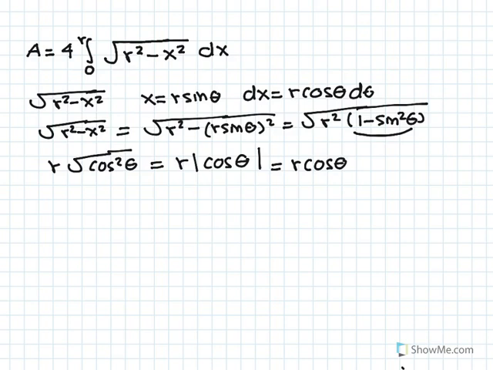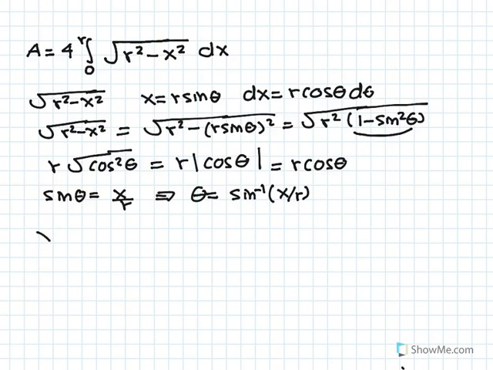Alright, we now need to change the limits. We have sine theta is equal to x over r. And solving for theta by taking inverse sine of both sides, we get theta is equal to sine minus 1, arc sine of x over r.